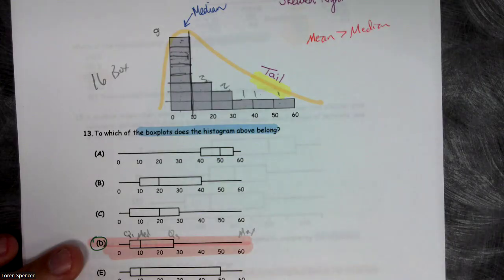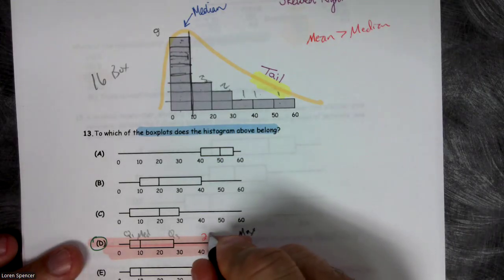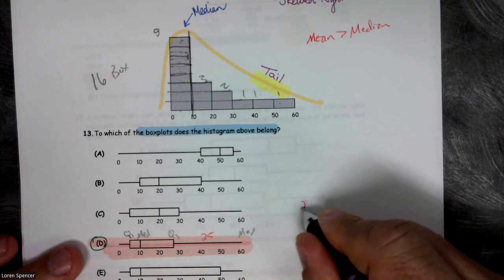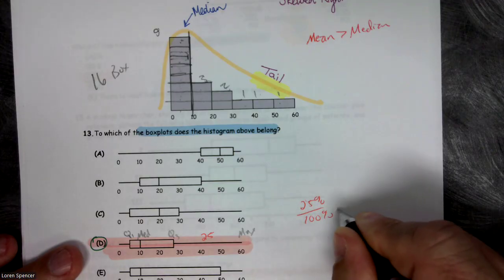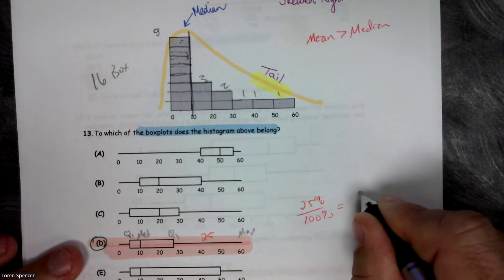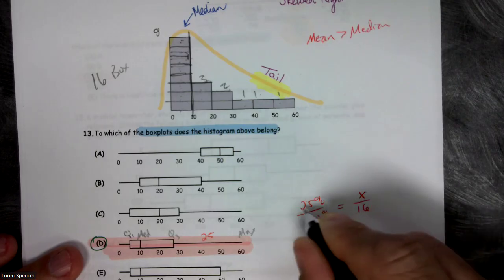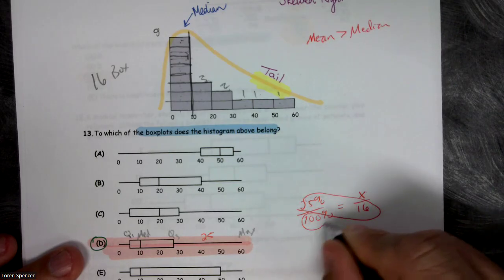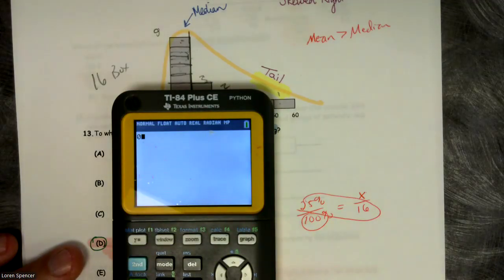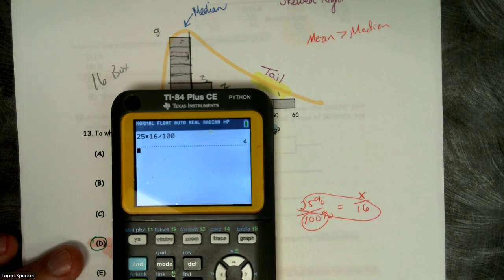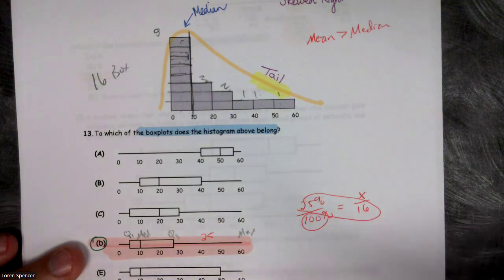So I need 25% to be right here. Well, what's 25% of 16? 25% over 100% equals x over 16. If I use a calculator real quickly, 25 times 16 divided by 100 is 4.